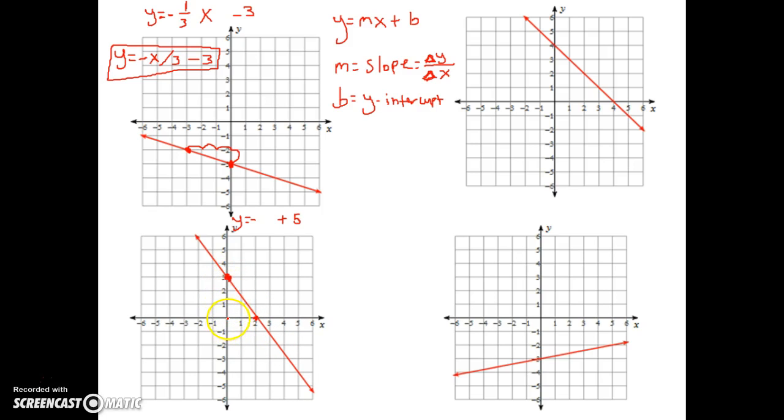1, 2, 3, 1, 2. So we've gone 1, 2. I can do that better. Just erase that line. So we're starting here and we're going 1, 2, 3 down. There's our negative, down 3.